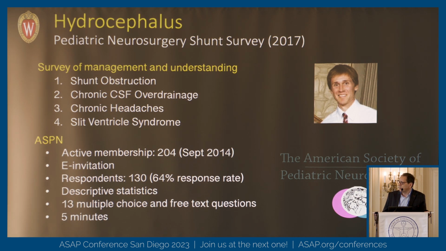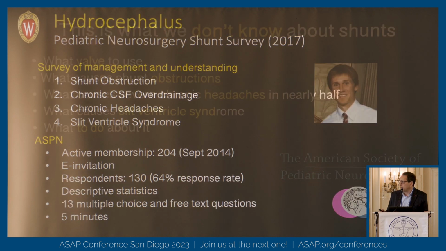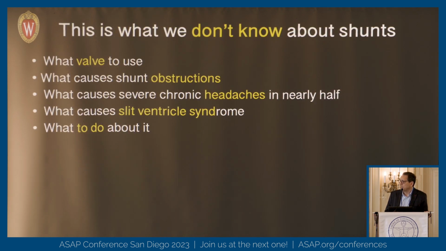And I will just summarize it by saying that there was no consensus on what valve to use. There was no consensus on the understanding of pediatric neurosurgeons of what causes shunt obstructions. There was no consensus of what causes headaches and how to treat them. There was no consensus on what causes slit ventricle syndrome or what to do about it.